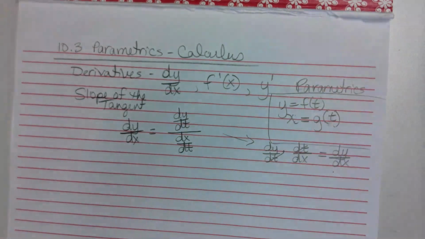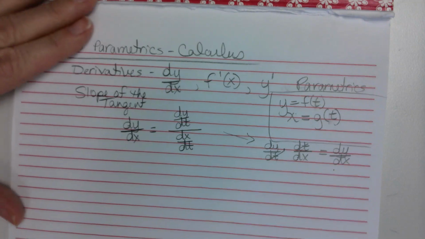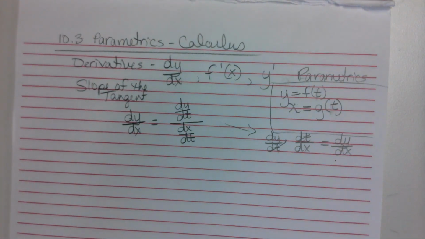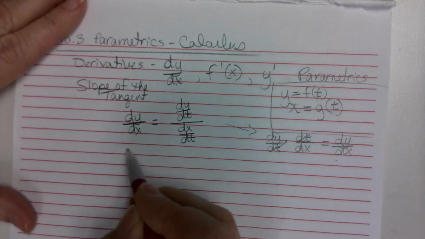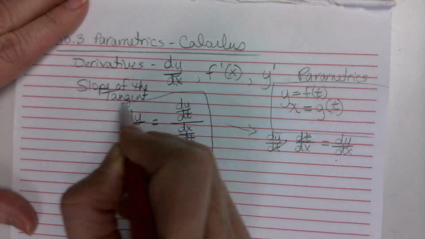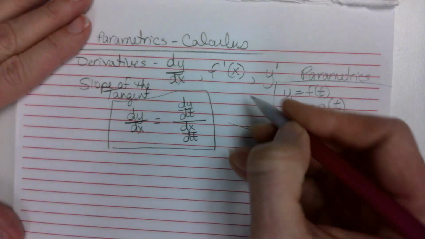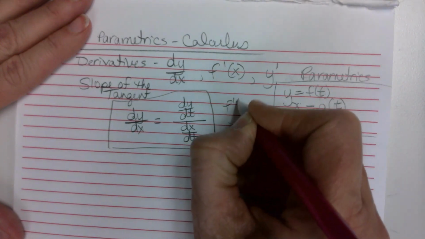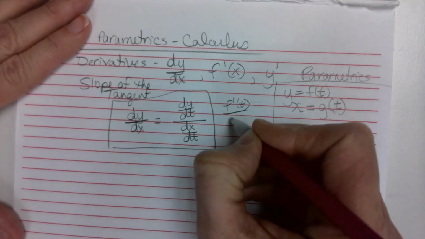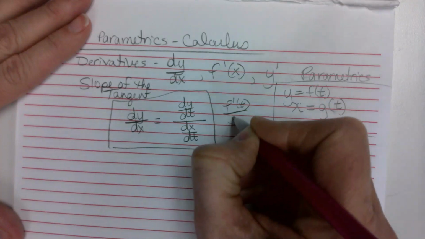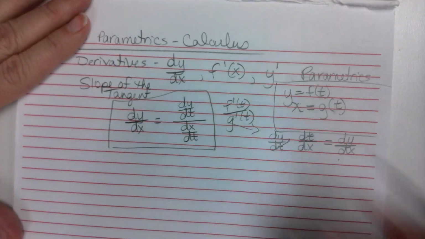Literally, there's our proof. So here is the formula for the derivative of parametric equations. In this instance, it would just be f prime of t over what? G prime of t. Everybody with me on the formula for the derivative?